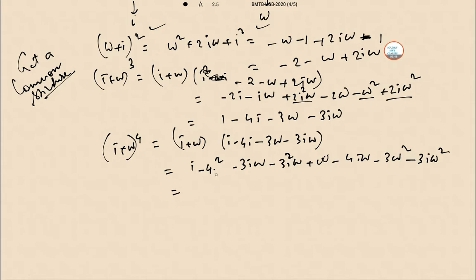Altogether we can write i, 4i square, so this is plus 4, minus 3i omega, this will be minus 3i omega, i square, so this will be plus 3 omega. I'm only writing the changes and there is no change here. So 2 omega plus 1 we can get here.